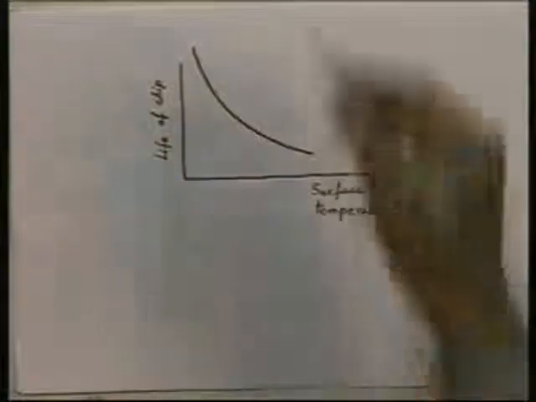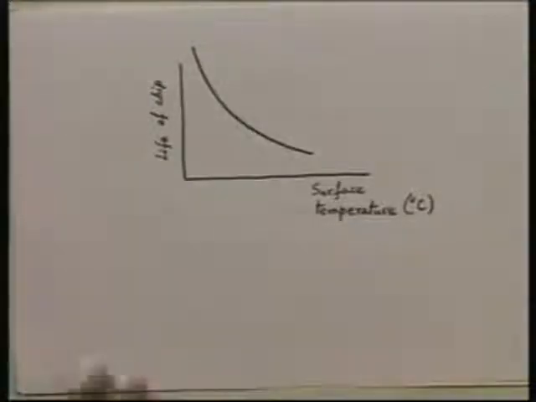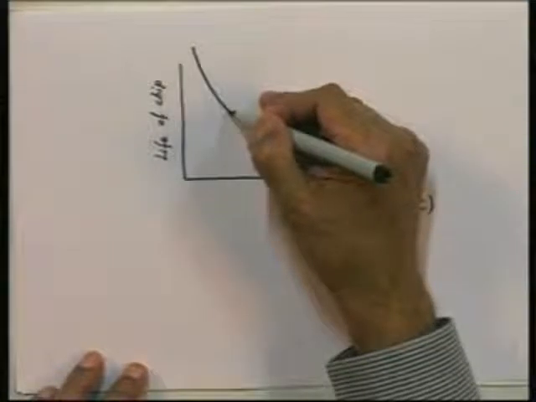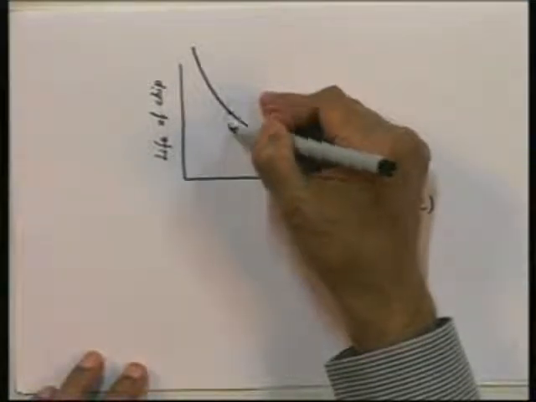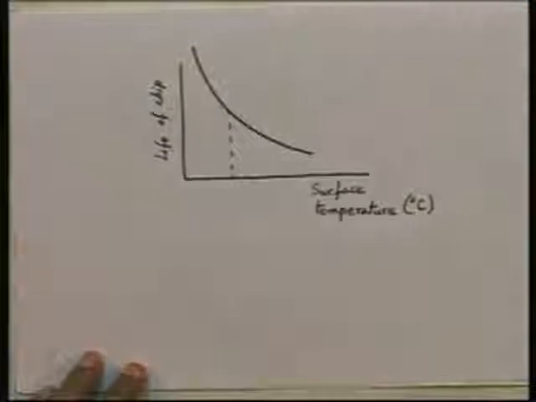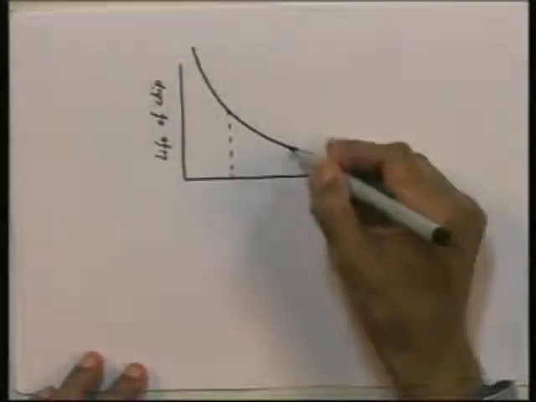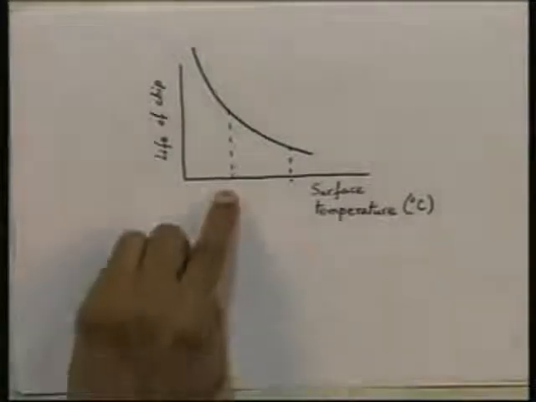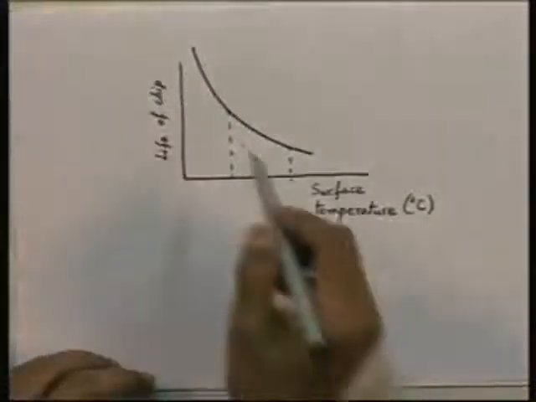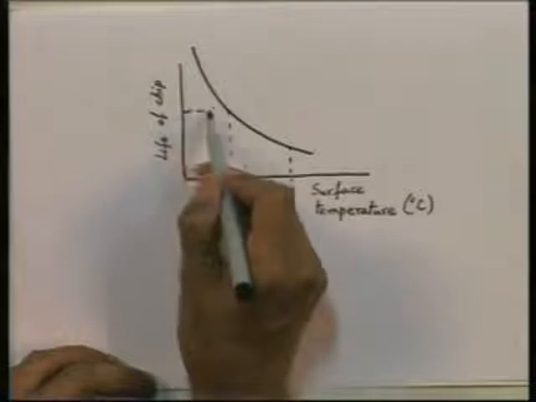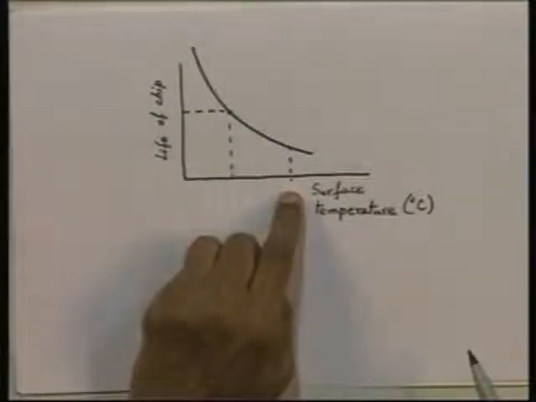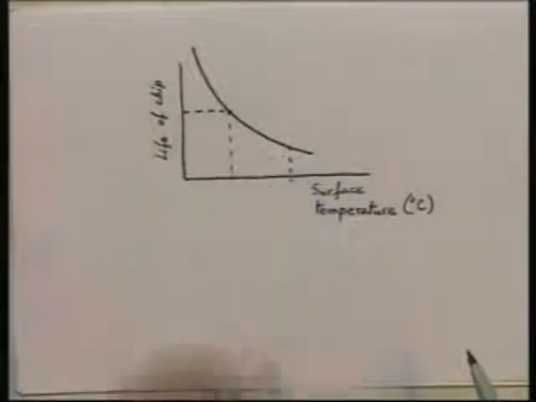With a temperature like 52, I might have a value somewhere here. At 97, a typical value might be somewhere here. At 52, the number of hours of operation that I get might be quite enough, say 10,000 hours. At 97, the value that I might get would be much less than what I need.